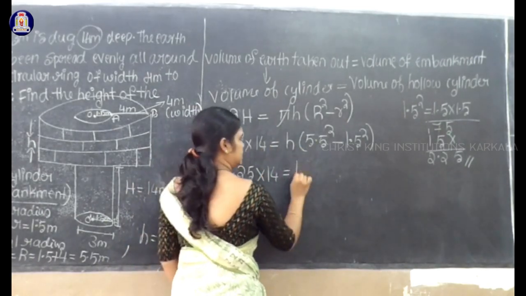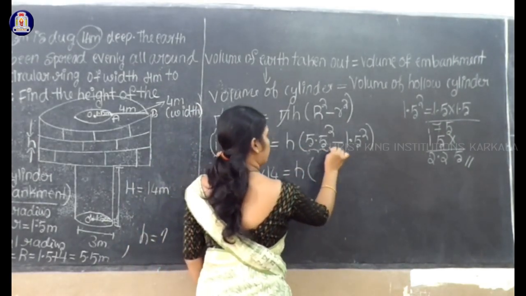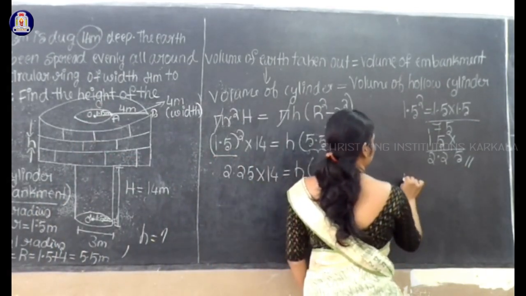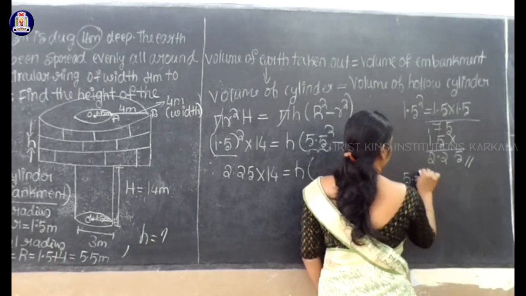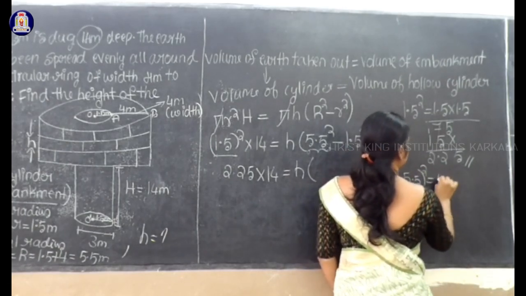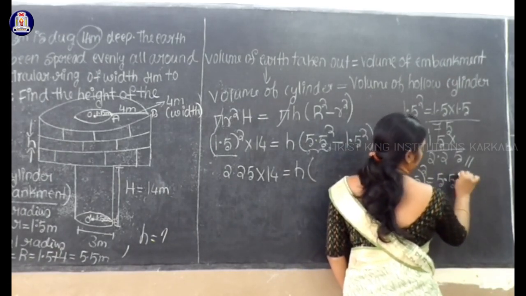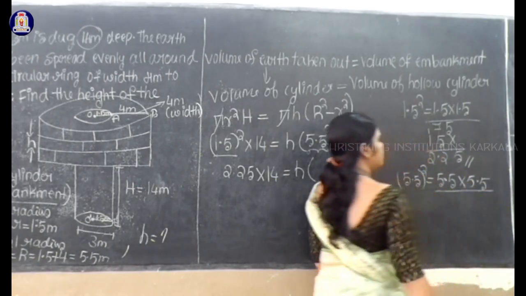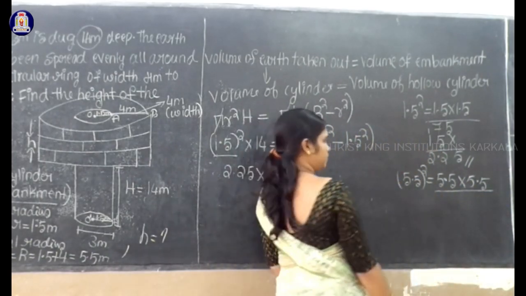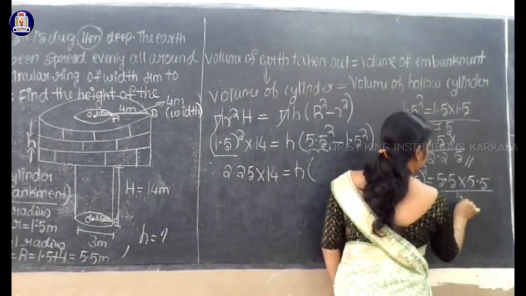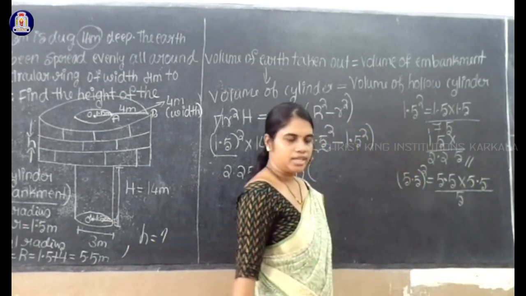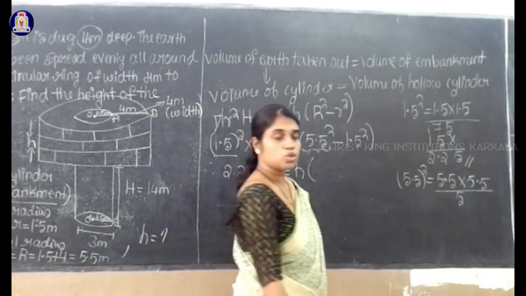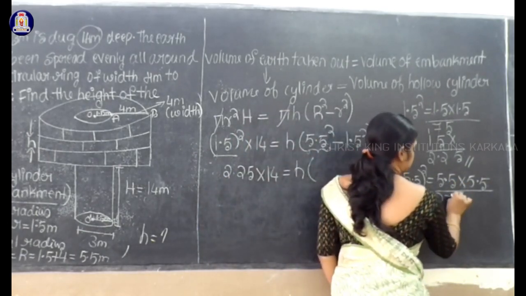Write it like this: h into, what is the value of 5.5 whole square? 5.5 whole square is nothing but 5.5 into 5.5. We'll simplify it first. 5 fives are 25, 2 carry. 5 fives are 25, 25 plus 2 is 27.